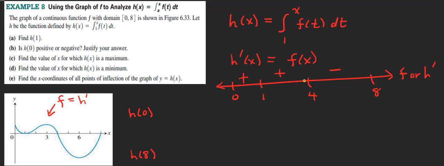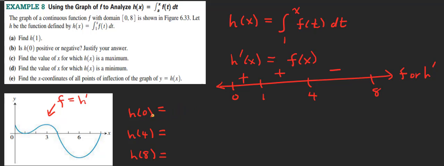Also look at the sign of h prime and f. It's going from positive to negative, so the maximum could also occur at h of 4. Now we've got to find h of 0, h of 4, and h of 8 and see which one has the highest value.